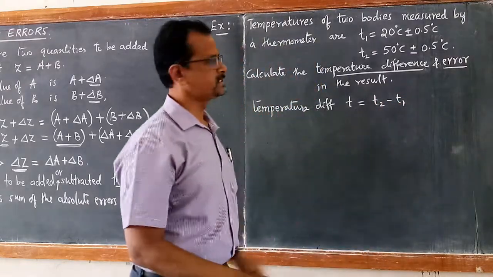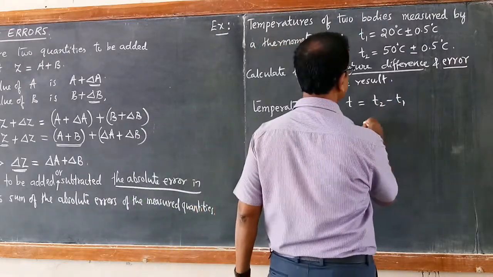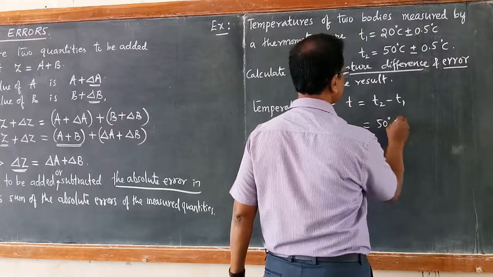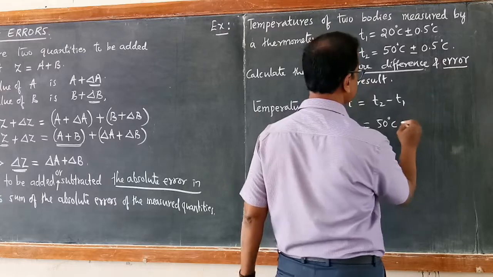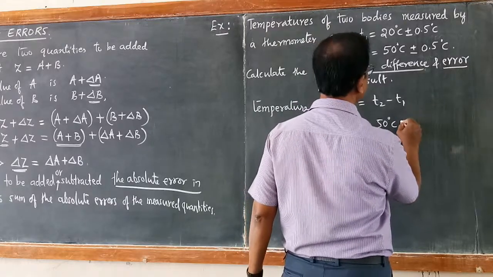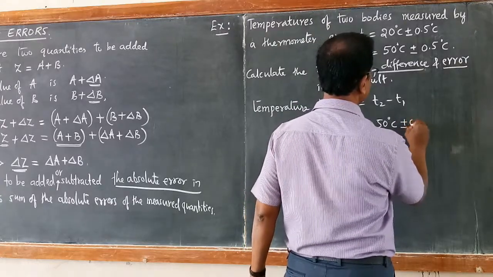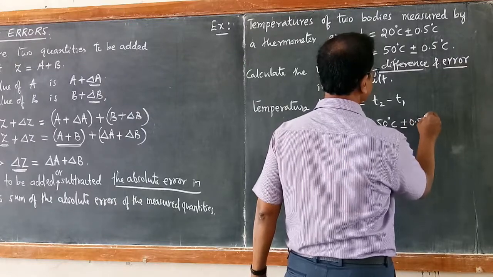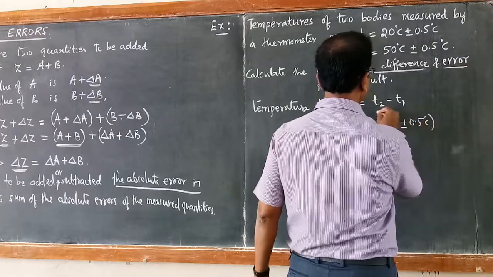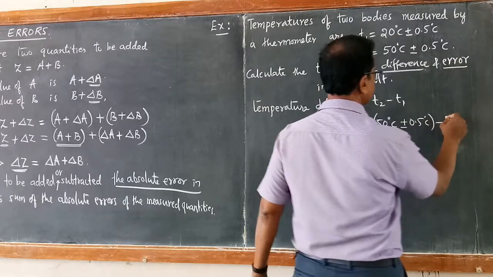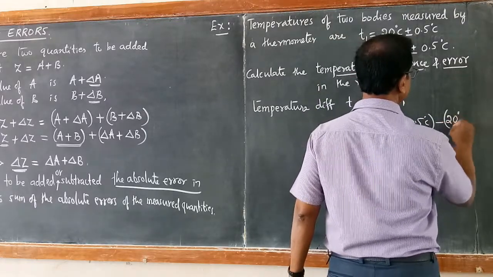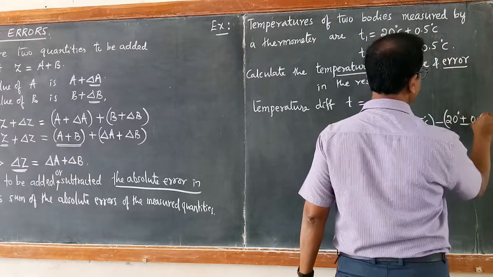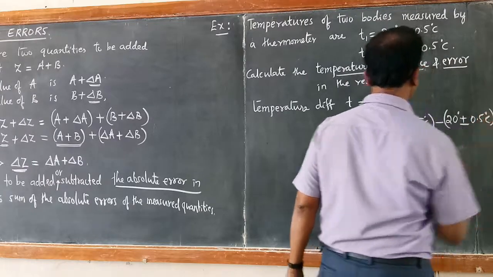Anyhow, the difference is asked. So that becomes 50 degrees Celsius minus 20 degrees Celsius, that becomes 30 degrees Celsius. If you write the exact value, it becomes (50 plus or minus 0.5) minus (20 plus or minus 0.5) degrees Celsius.